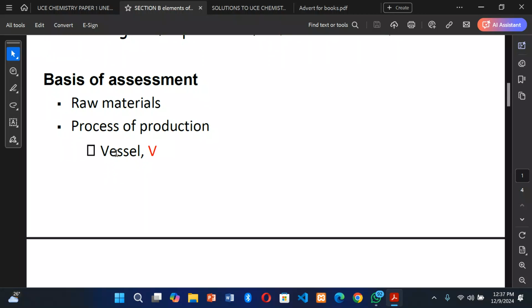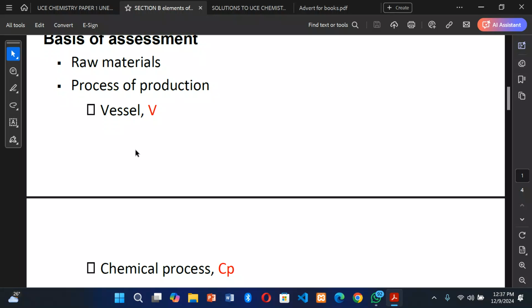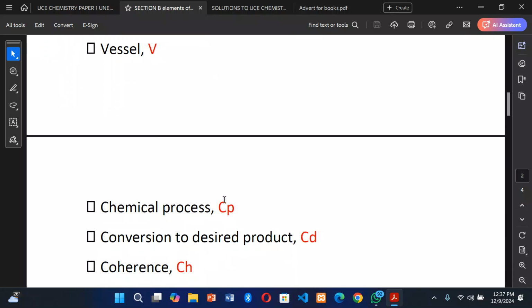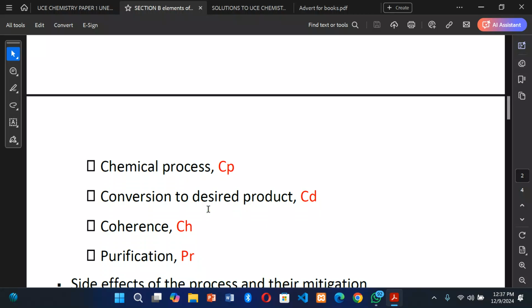Number 1, there is a score for the vessel. The vessel, we shall be looking at that as we go through the UNEB paper. Then we have the chemical process. We need to identify the chemical process during this stage when we're writing the process of production. Then conversion to the desired product. We need to see in the procedures when the raw material is being converted into the desired product. So that is also a requirement.